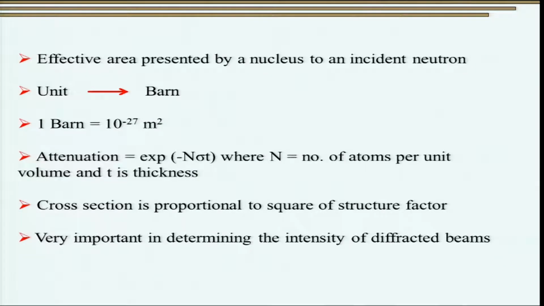So, the cross section is proportional to the square of the structure factor. Now, this is very important in determining the intensity of the diffracted beam. Coming back again, the reason we are talking so much about neutron cross section is actually because of the wave nature and particle nature, right.